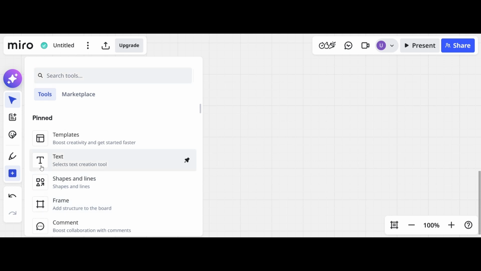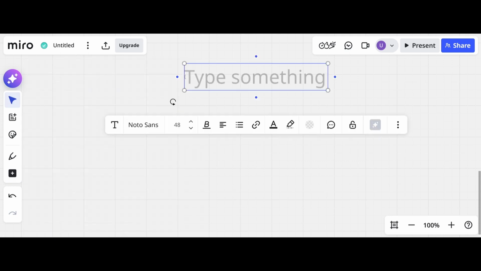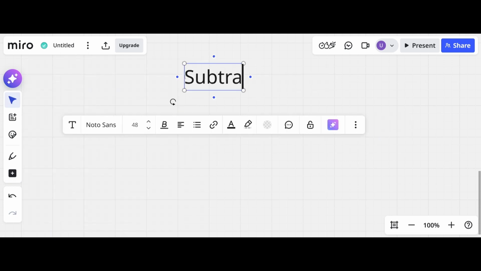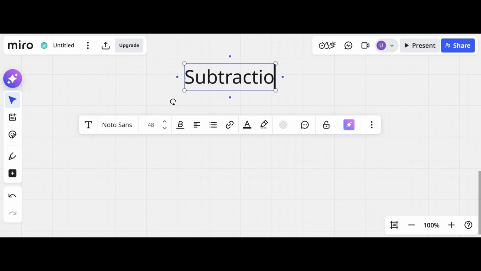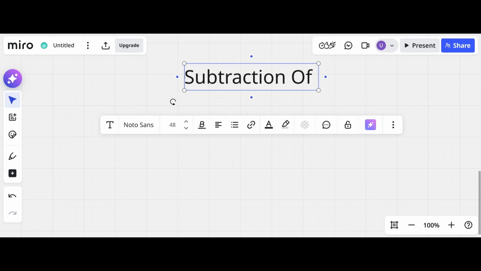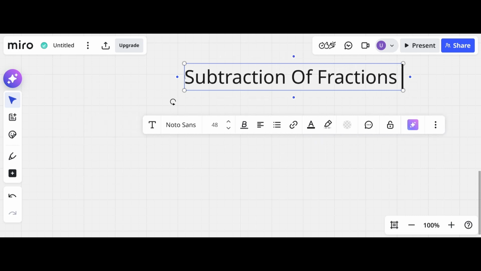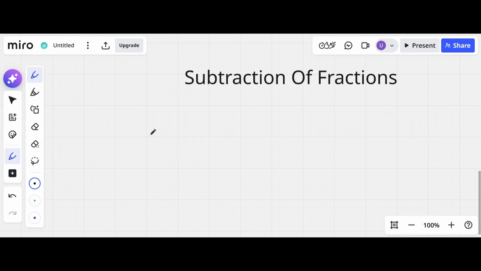Now, the same thing can be applied for subtraction of fractions. Okay, now let's say I have a big fraction.